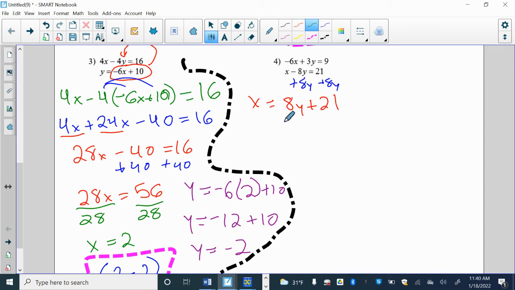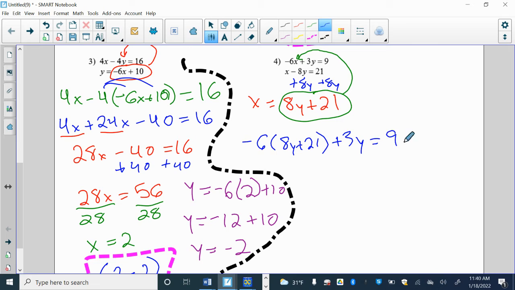Now we have this in x equals form, so we can take 8y plus 21 and let's put that in for x in the top other equation. So we're going to rewrite the top equation, replacing x with 8y plus 21. So we have negative 6 times (8y plus 21) plus 3y equals 9.